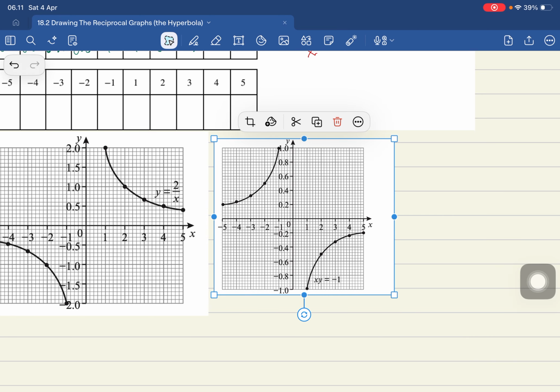Okay, D, E, F, we also see a similar question. Here is negative 3, so the asymptote is y equals negative 3. The reciprocal will never touch the line y equals negative 3.